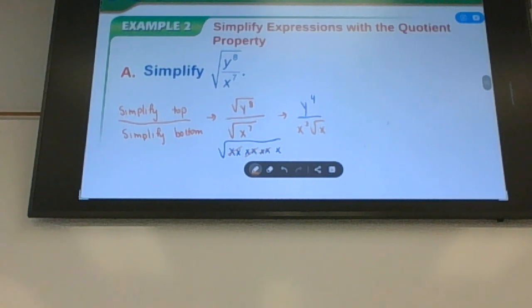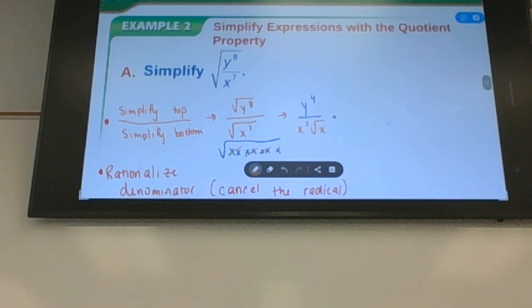Though the rule is that we can't leave radicals in denominators. So we have to rationalize the denominator. And that takes something different every time. It takes critical thinking. You have to think about what would make this radical cancel out. So for this, if I had x squared under the radical, then I could cancel out one more x.